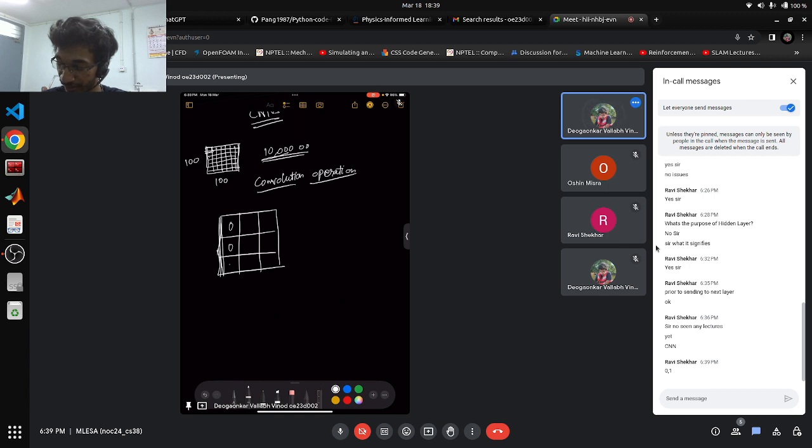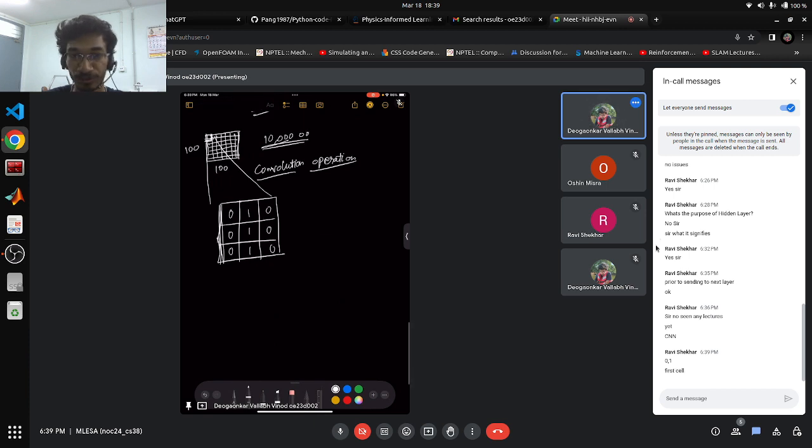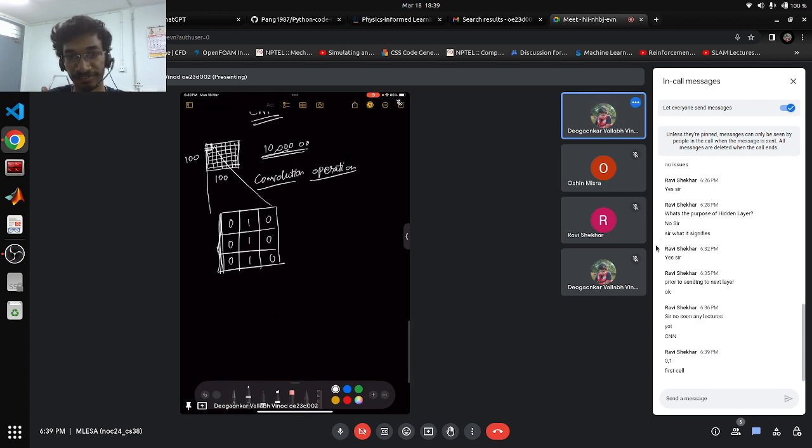Let's say the image was of this type, this top corner part of it. I'm taking the first 3 cross 3 cells.